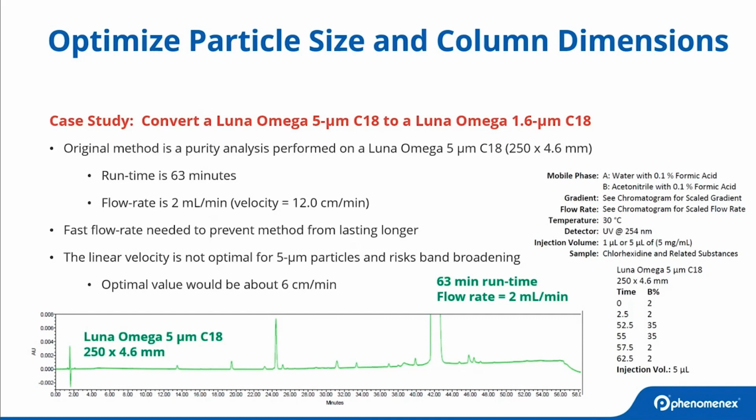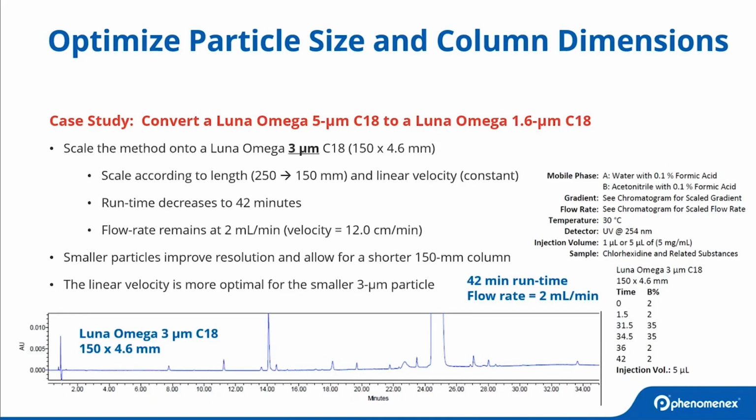Let's first address that particle size. If we scale down to a 3-micron particle size now, we'll still continue to work with the 2 milliliter a minute flow rate. Now the linear velocity is more suitable for the particle size.